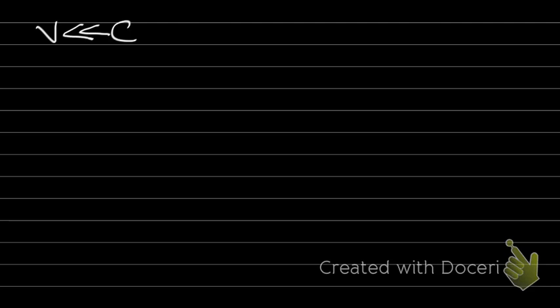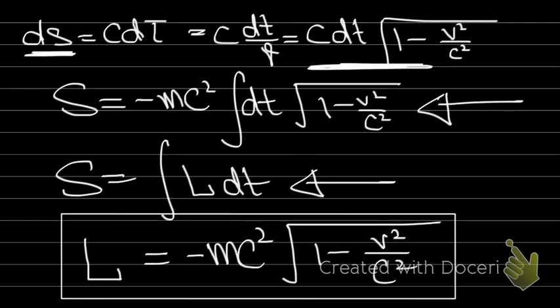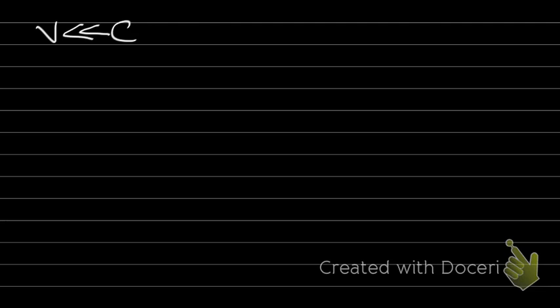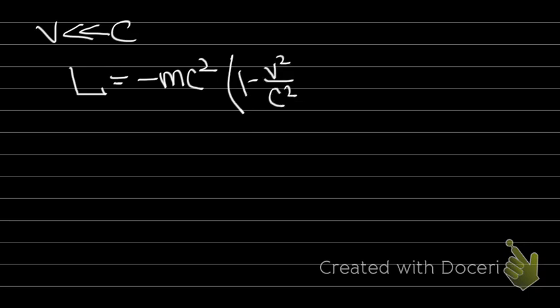Okay, so note that in this equation for the Lagrangian, the term in the square root can be expanded using the binomial expansion. Using the binomial expansion, I can write my Lagrangian as negative mc squared times 1 minus v squared over c squared to the power 1/2.